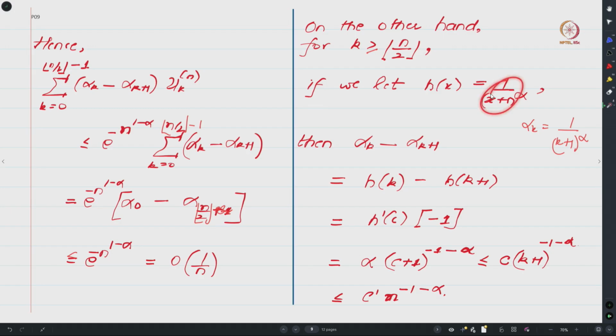Now if I look at this quantity and take its derivative, right, so the derivative of this expression is minus alpha over x plus 1 raised to alpha plus 1, or otherwise let me just make sure I have done it correctly.